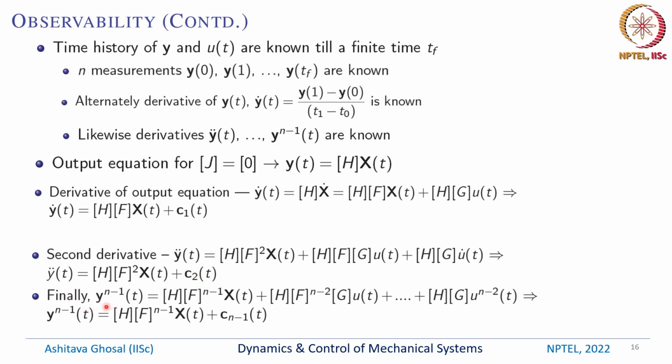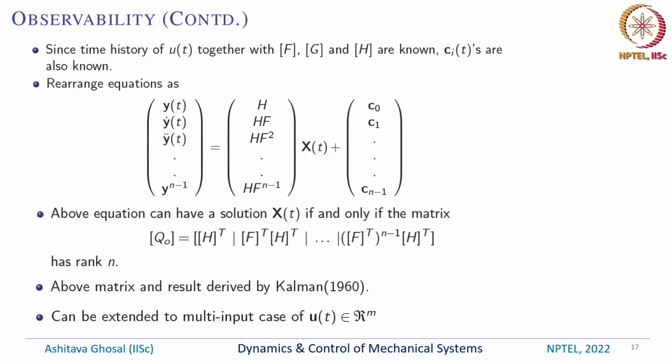And finally I can write y to the power n minus 1, the n minus 1th derivative of y of t, as h into f to the power n minus 1 x of t plus all these terms, which can again be clubbed together as c(n minus 1) of t. Okay. So since the time history of u(t) together with f, g, h are known, all the ci's are known.